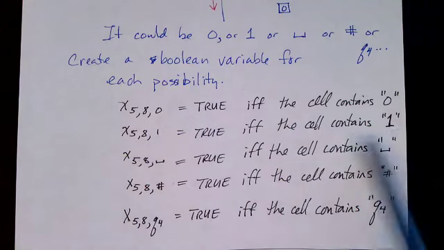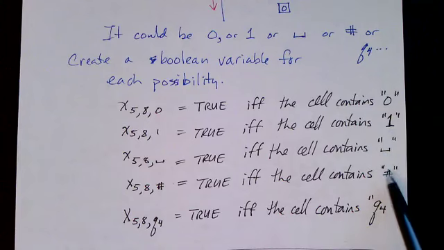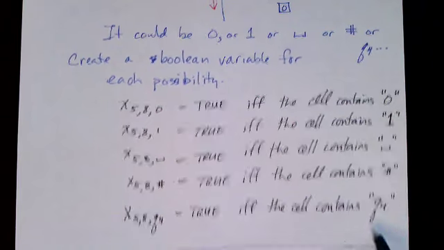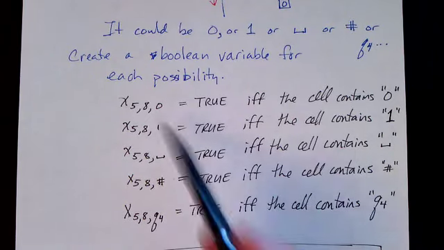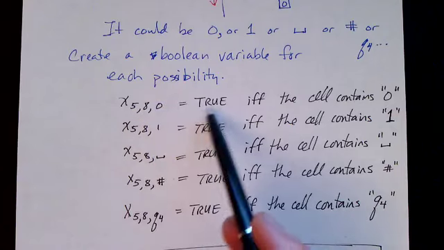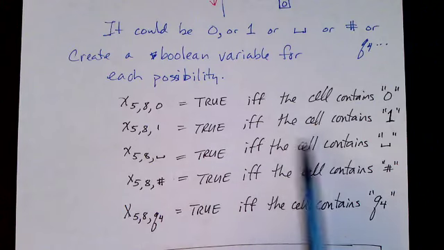The cell could contain a 0, or it could contain a 1, or it could contain a blank, or it could contain a pound, or it could contain a state. And here I'm showing Q4, but our Turing machine will have other states as well, maybe a bunch of states. So for each one of these possibilities, we're creating a new Boolean variable. Only one of these should be true because the cell should have exactly one symbol in it.